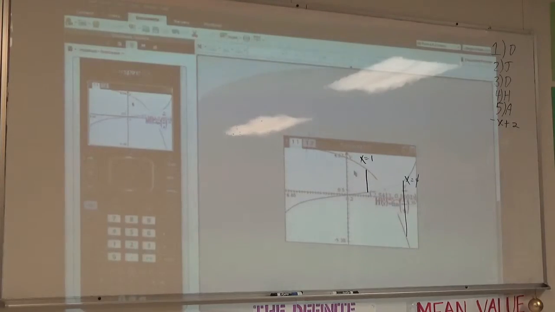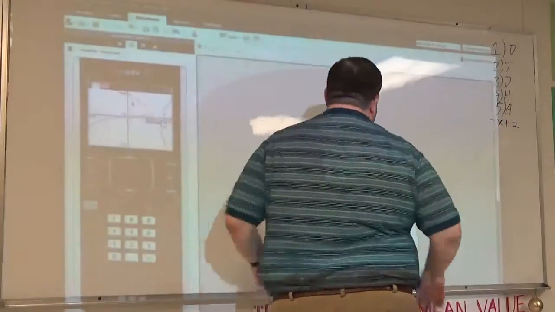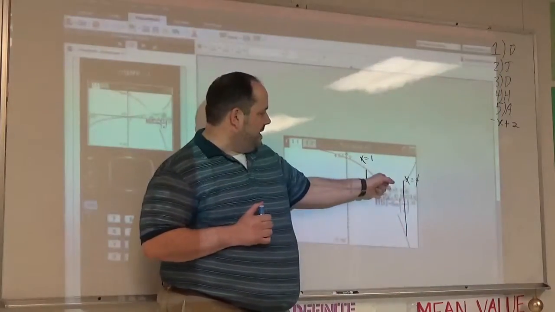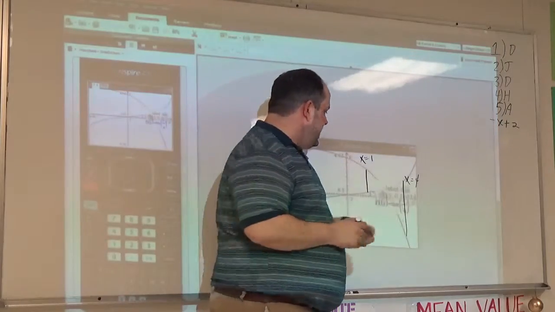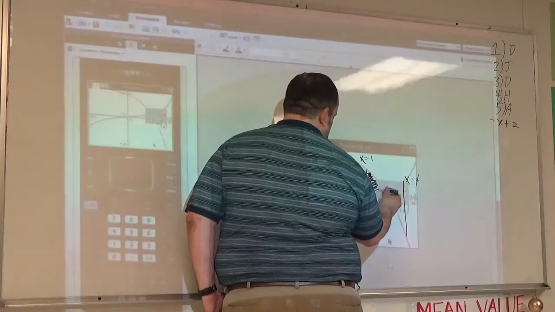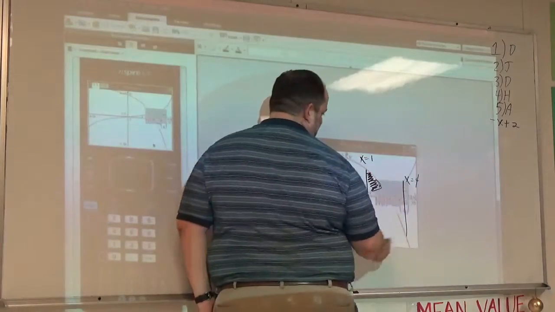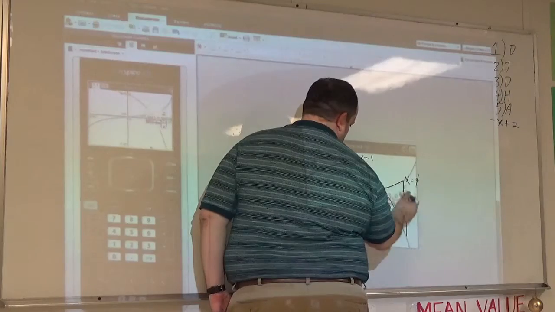So finding the right region is definitely going to be a problem. I need the area bounded by f of x, g of x, x equals 1 and x equals 4. That has to be this little region over here that we've already played around with. And there's another one that comes down here.